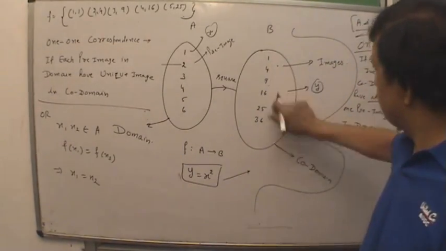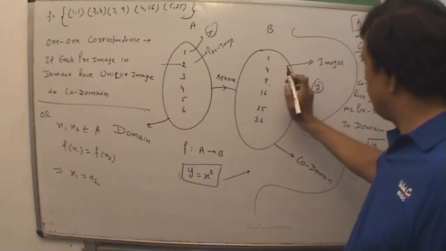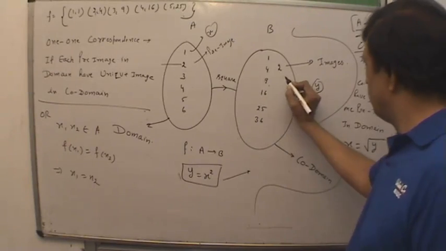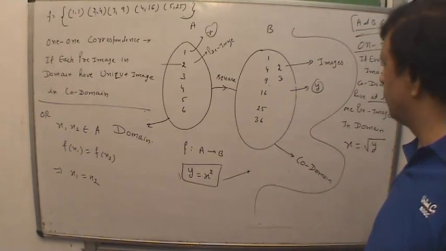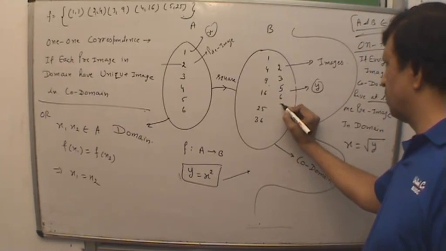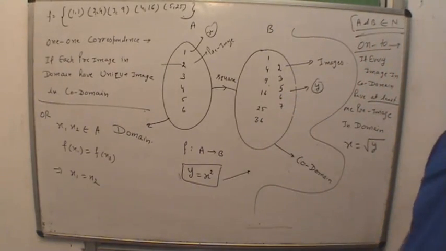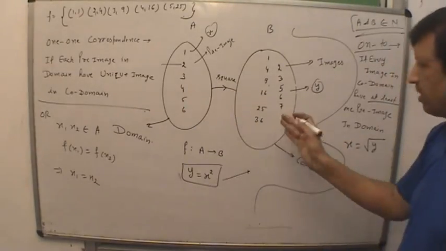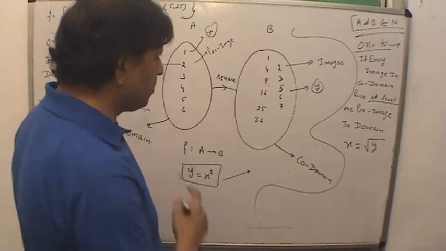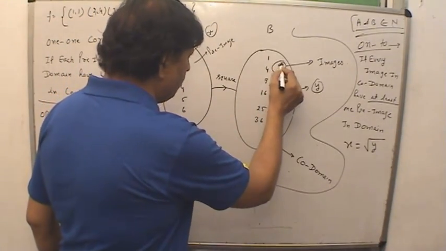But see, 2 is also a natural number. 3 is also a natural number. 5, 6, 7 are also natural numbers. If they can come here, they can come here also. What will be the image of 2?